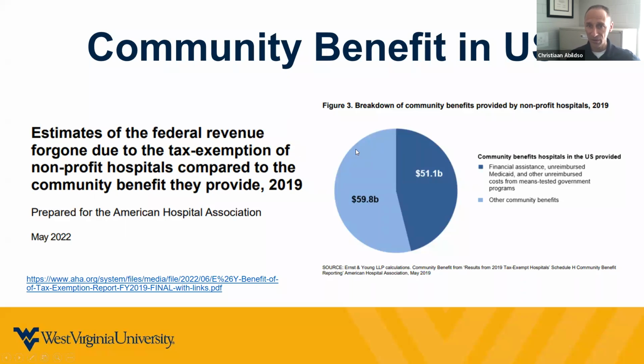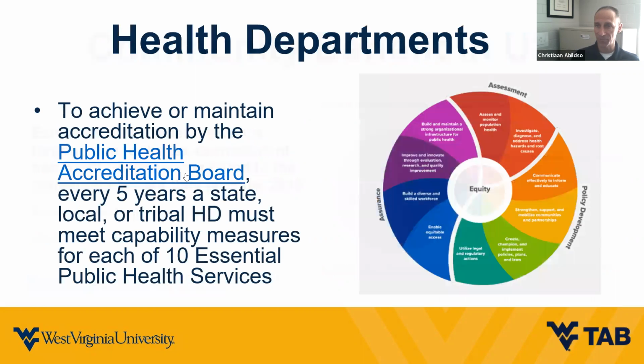So those other community benefits are things like providing housing, like addressing the built environment to prevent subsequent health issues, that Brownfields could really be a great partner in, and addressing Brownfields could be a great opportunity. Okay, so that is a look at nonprofit hospitals.